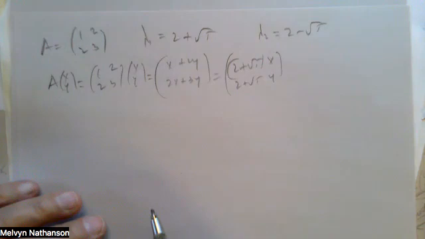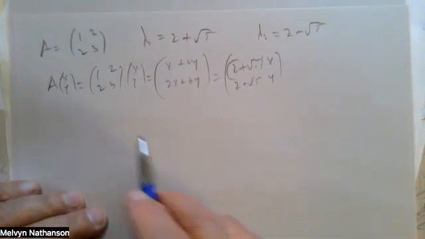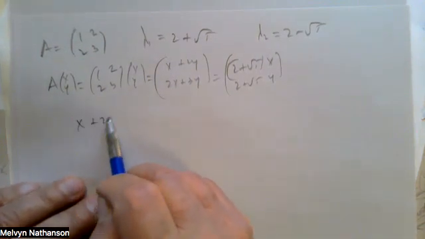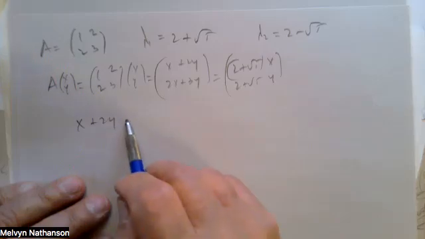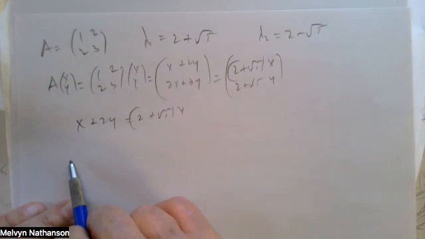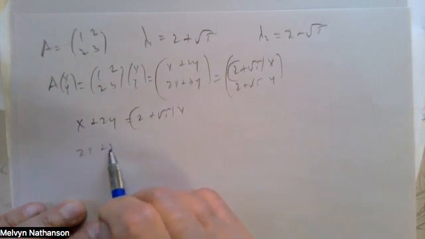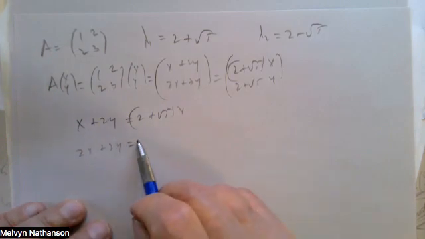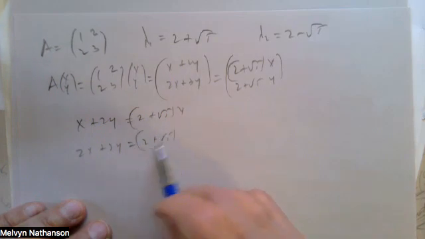So I have the following equations to solve. x plus 2y equals (2 plus root 5) x. 2x plus 3y equals (2 plus root 5) y.